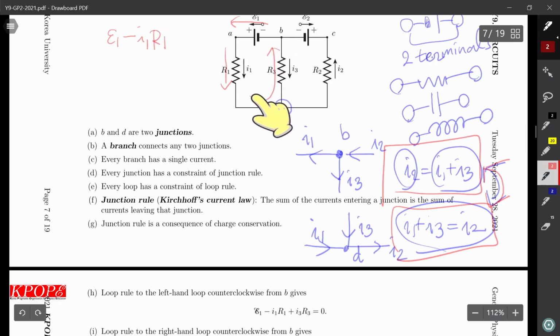Then you follow this direction, opposite. This loop direction is opposite to the current, so you have I3 R3, but the potential increases instead of decreases. And you return to the same point.